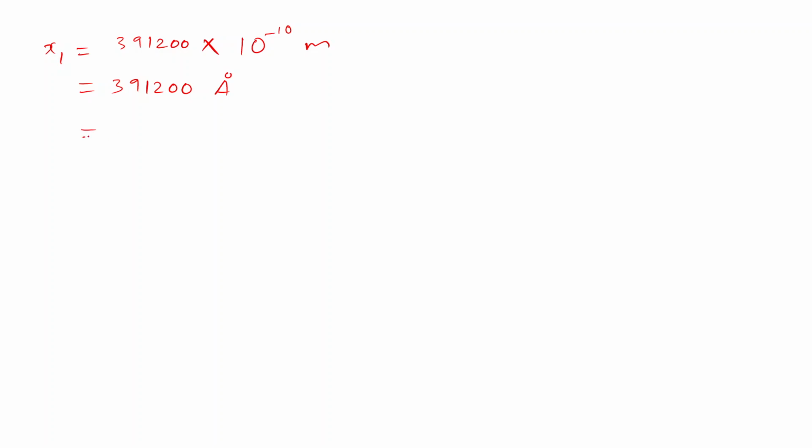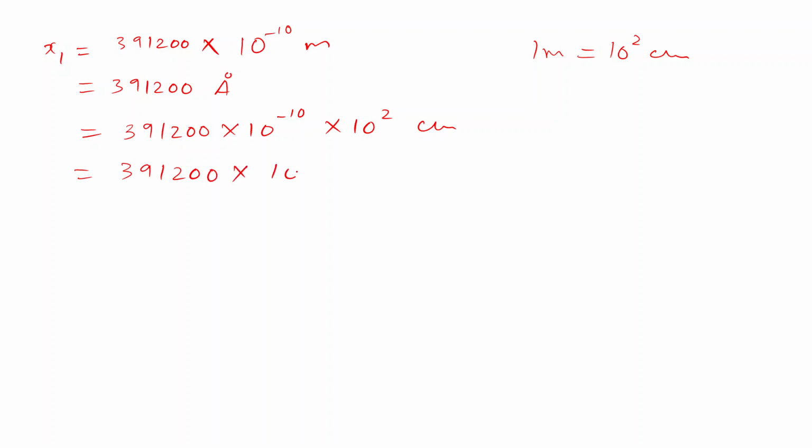So from meter, if I convert into centimeter, it will be 391,200 times 10 to the power minus 10 times 100, which is 391,200 times 10 to the power minus 8 centimeter.